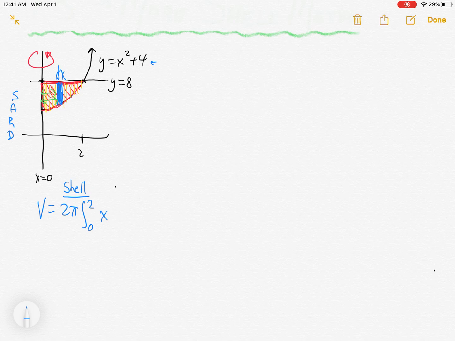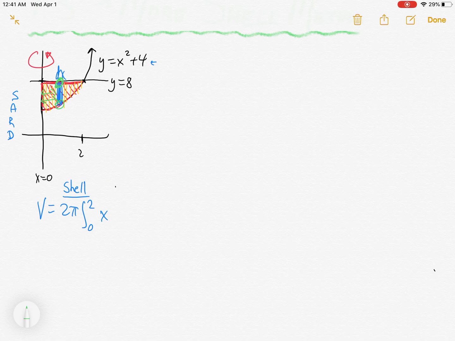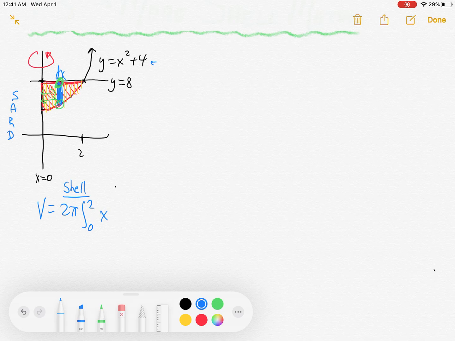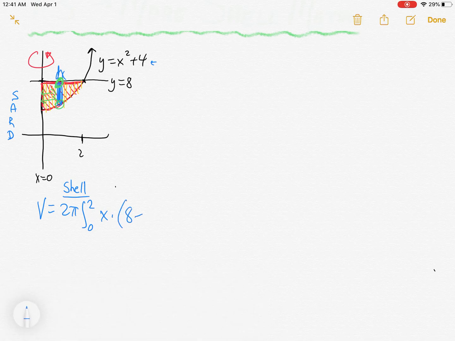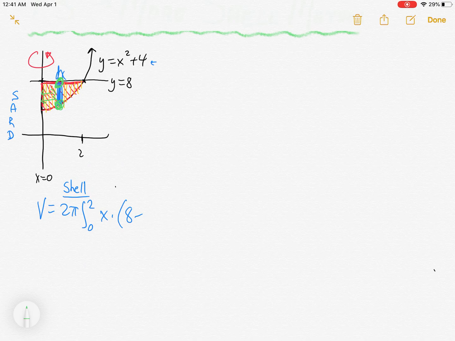Height is a little trickier on this one. What is the height of that rectangle? Well, we do top minus bottom. What is that top y-coordinate? It is 8. We need to multiply this, so times 8 minus the bottom y-coordinate, which I circled in green a moment ago. Well, that one kind of depends, right?